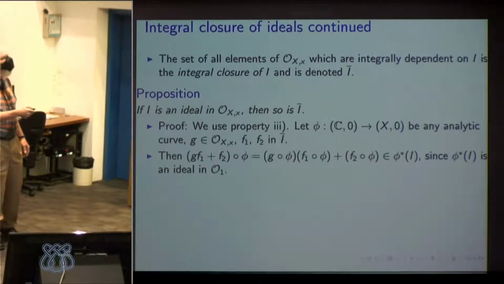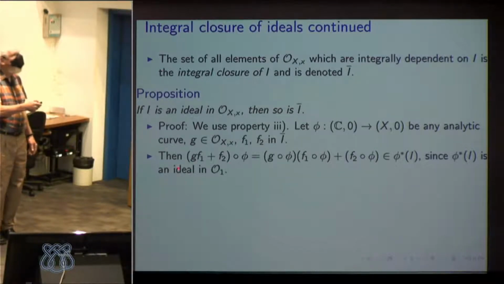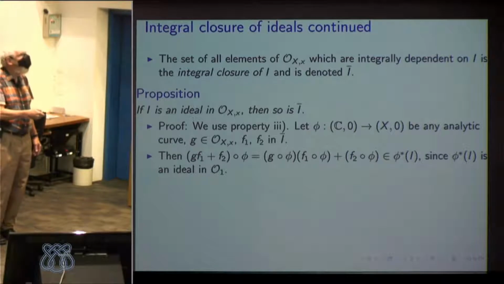All right, so we want to show that this is contained in I bar. So we compose it with phi. Notice the composition is linear here. And we know that this is in phi star of I, and this is in phi star of I. So this phi star of I is an ideal, so this whole thing is in phi star of I, and we've checked it.